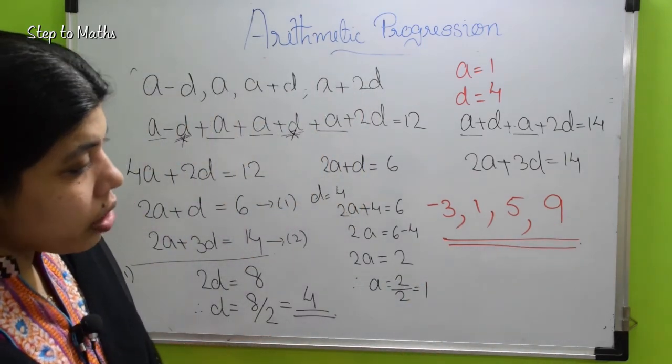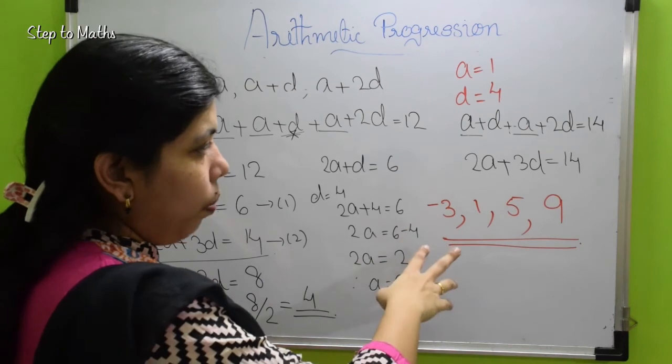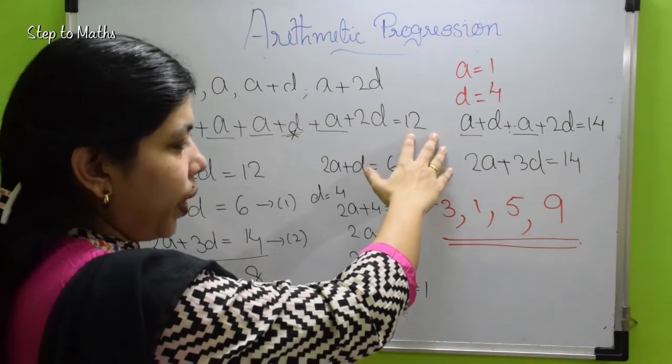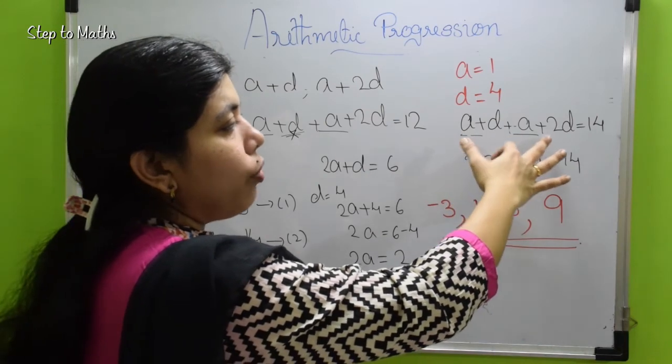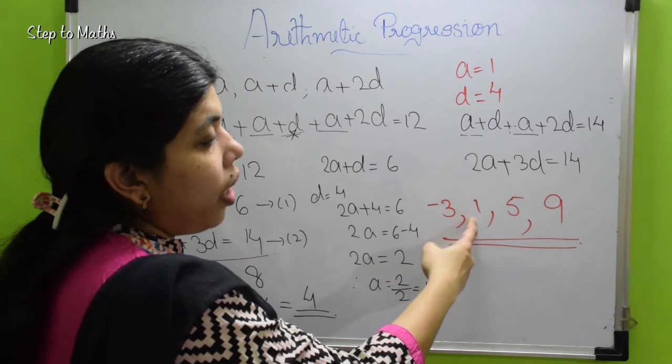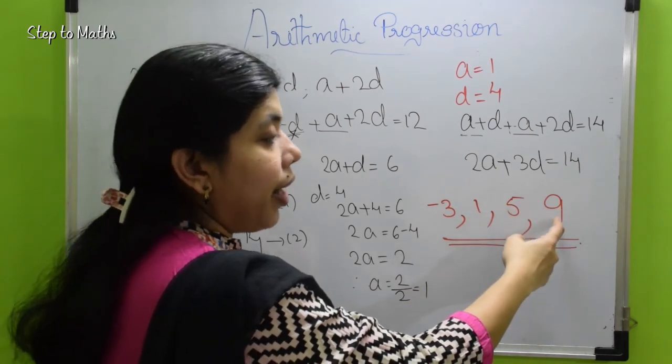So the four consecutive terms of the AP whose sum is 12 and whose third and fourth terms sum to 14 are minus 3, 1, 5 and 9.